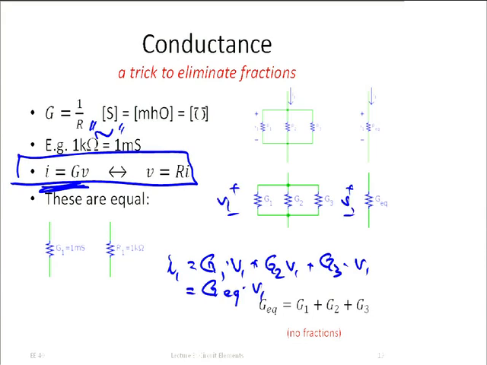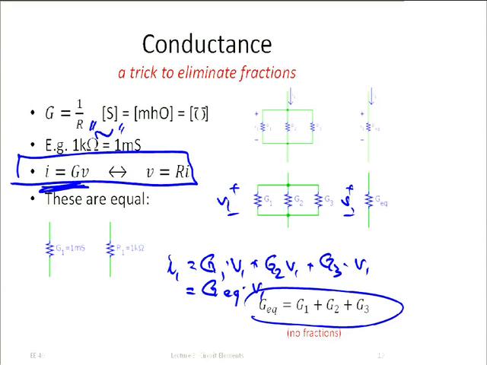Okay? And out of that we get G equivalent equals the sum of all the individual conductances. There's really nothing new, it's just a more convenient way to write things.